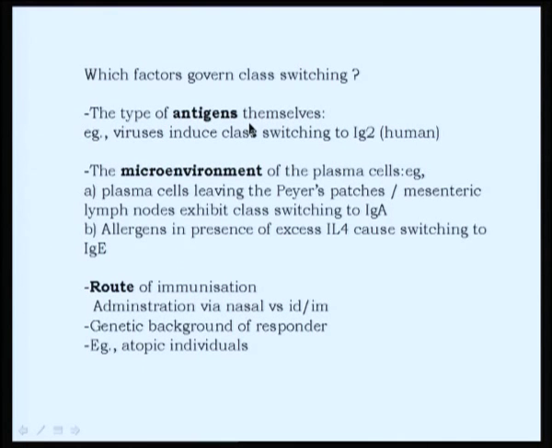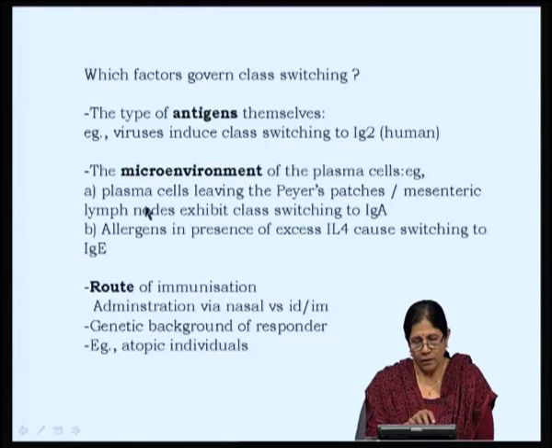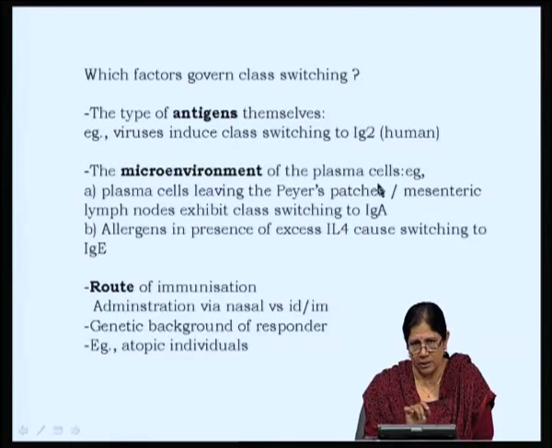So, amongst the factors that govern class switching, the type of antigen themselves would be the first. You have an example that I gave you of viruses. The second would be the microenvironment of the plasma cells themselves. For example, plasma cells leaving the Peyer's patches or mesenteric lymph nodes exhibit class switching to IgA.